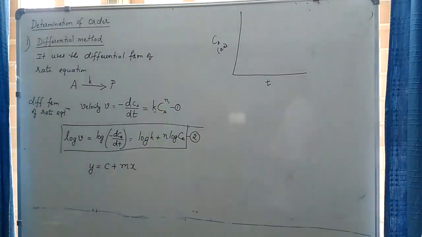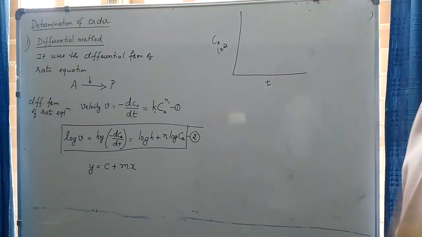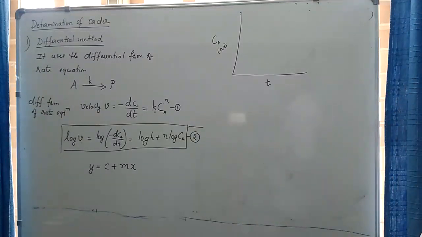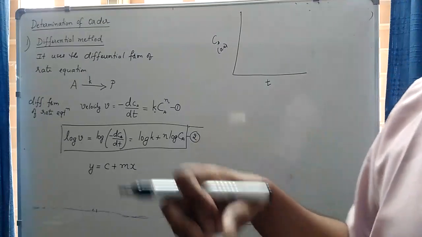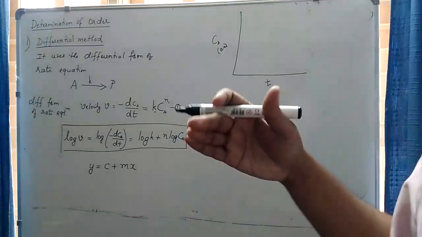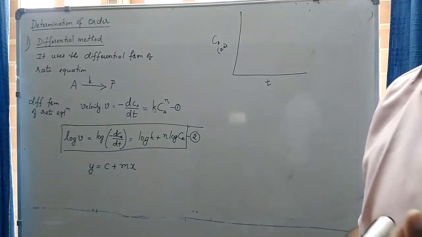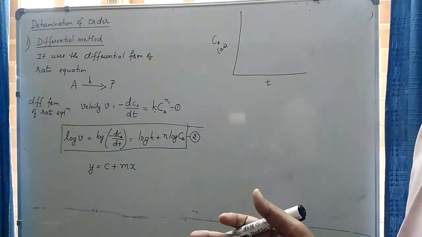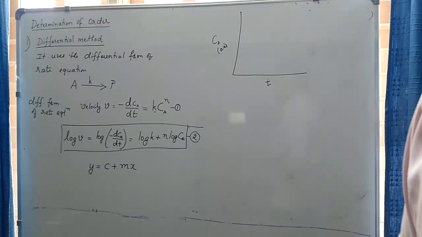If the product has a color, the intensity of the color increases with time, because the concentration of the product increases. In such cases we can measure the absorbance of the solution at different time intervals, and that absorbance will be directly proportional to the concentration of the reactant or the product, whichever has the color. Or you can also use a different method.